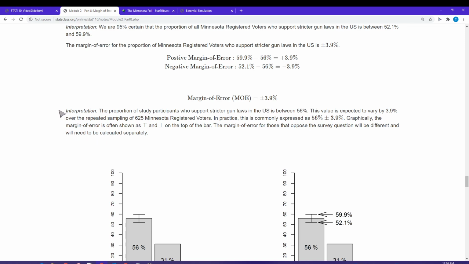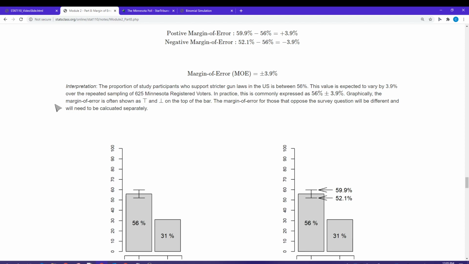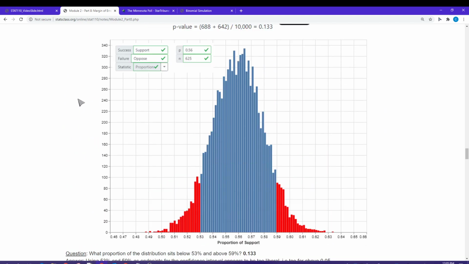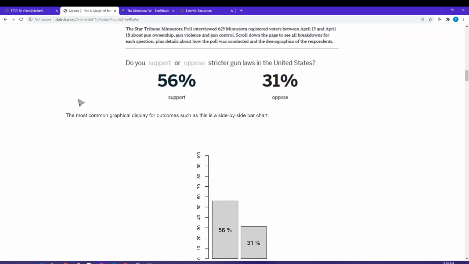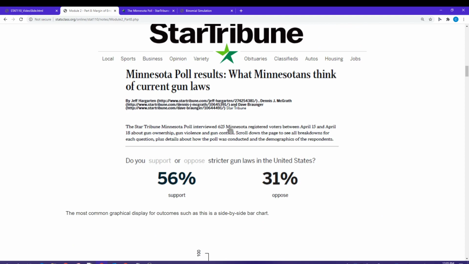Okay, let's look at the interpretation then of this interval and also the margin of error. The proportion of study participants who support stricter gun laws in the United States is the 56%. If we go back up and look at the poll, this number that they reported was for the 625 Minnesota registered voters that took the poll.